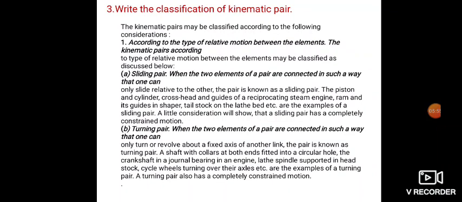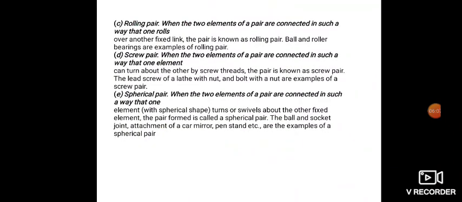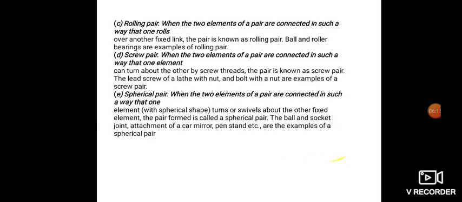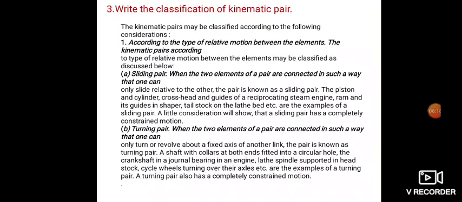According to the type of relative motion between the elements, the kinematic pairs are sliding pair, turning pair, rolling pair, screw pair, and spherical pair. According to that, the relative motion between the elements is to be considered. So this is the first step.